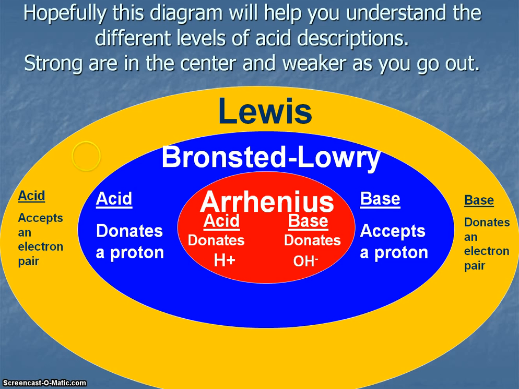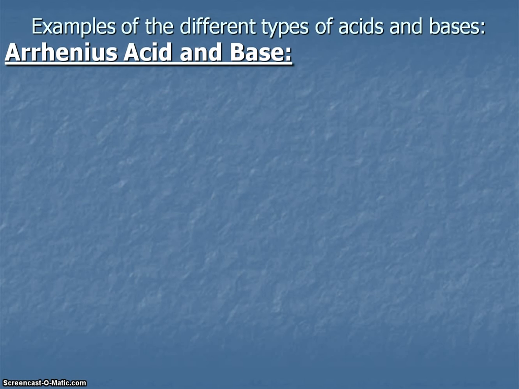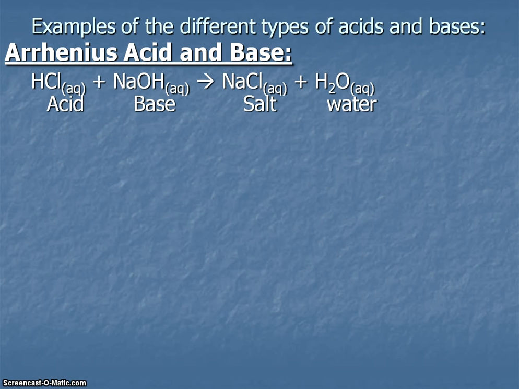Let's see how they apply. So, here's some examples. If I'm looking at Arrhenius, now remember Arrhenius acid is donating an H plus, and base is donating an OH minus. So if I look at a reaction like this, I can see this would donate a hydrogen. This would donate an OH. I get a salt and I get water.